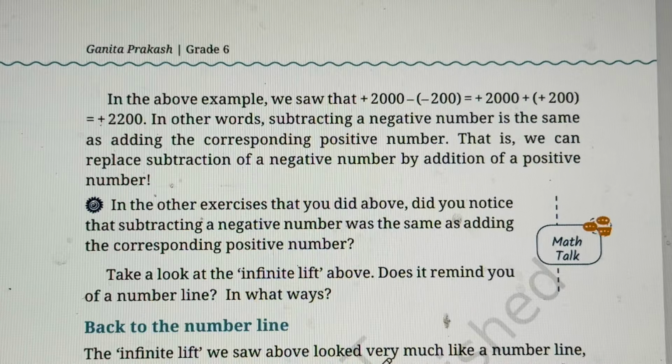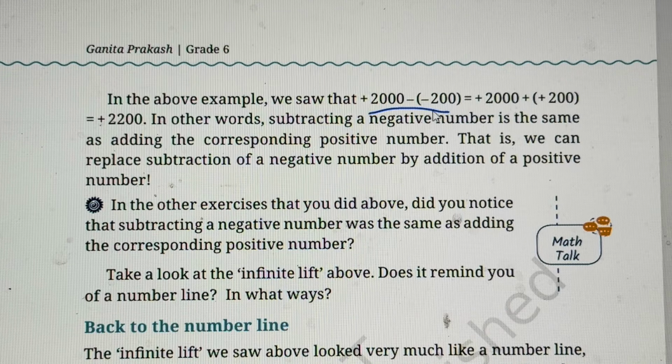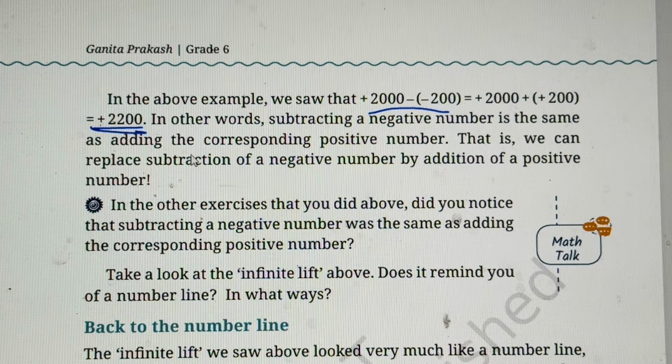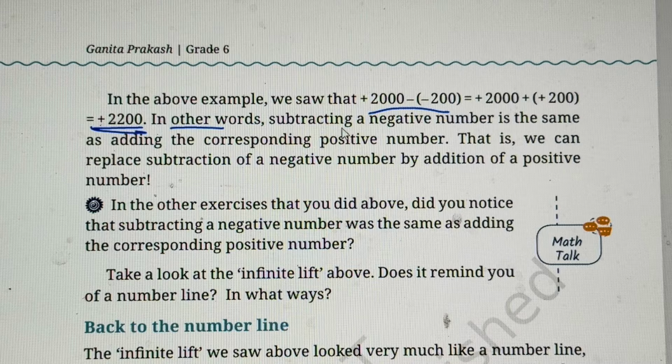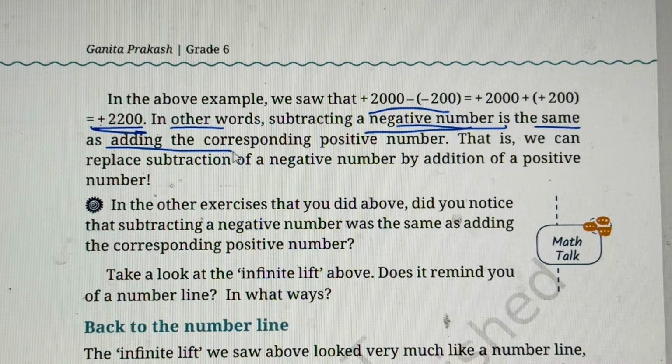So now in the above example and some of the examples which were similar to this, plus 2000 minus (minus 200) gives you 2000 plus 200 as the answer, 2200. So in other words, subtracting a negative number is the same as adding its corresponding positive number.